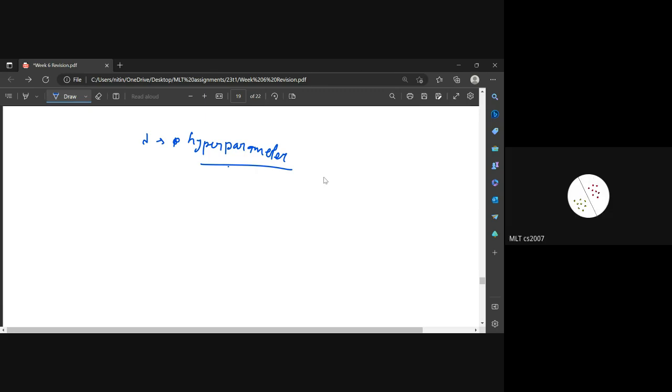In that case, you rerun your procedure: you started with some random points and reached some W1, then restarted with some initialization and reached W2. Something like that we have done there.